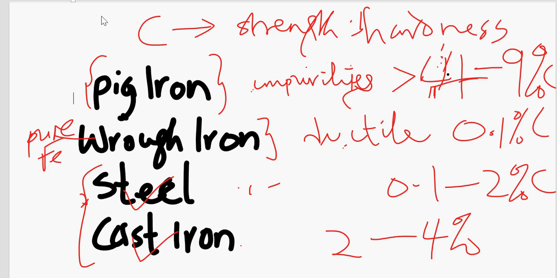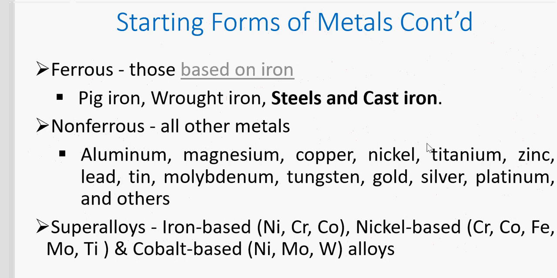Cast iron is the strongest in strength and hardness but has lower ductility. Wrought iron is the most ductile because it's almost 100% iron, and it has less strength compared with steel and cast iron. So this is the difference between these four.